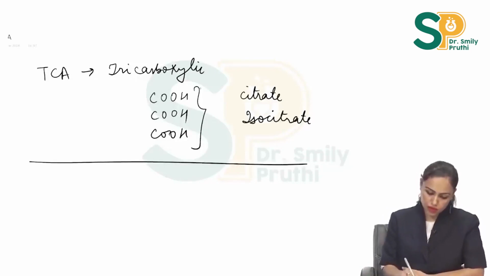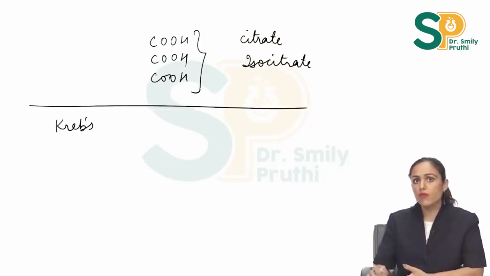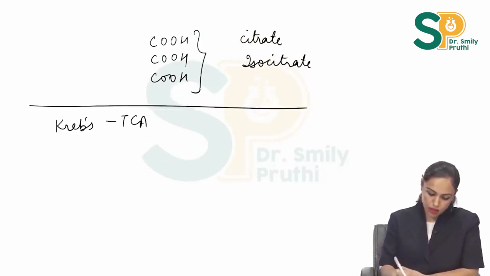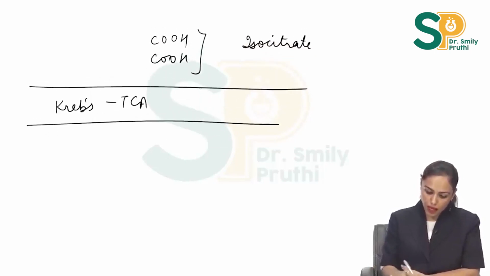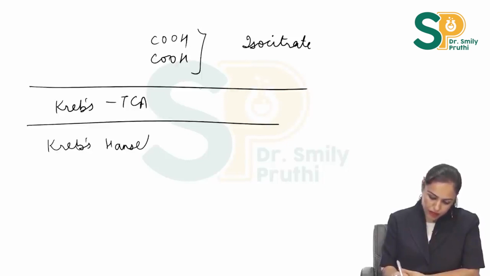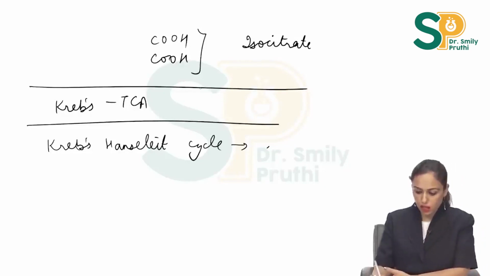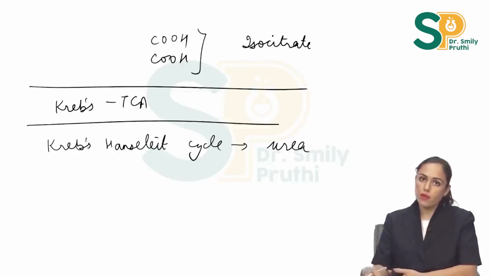Now, the other name is Krebs cycle, by the name of the scientist. So, Krebs cycle written means TCA cycle. If Krebs-Henseleit cycle is written, be careful: that is not the TCA cycle, that is the urea cycle, right?